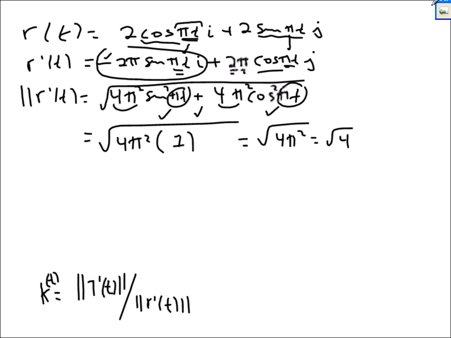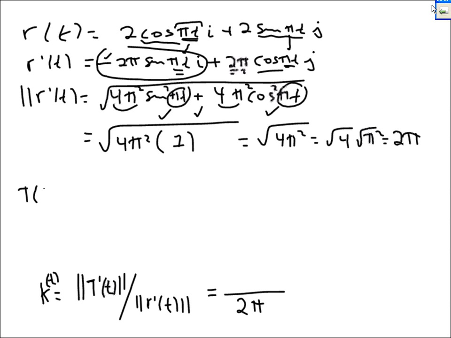The square root of 4 times the square root of pi squared. It's 2 pi. Okay, so I actually have the denominator. It's 2 pi. Now let me find the numerator.